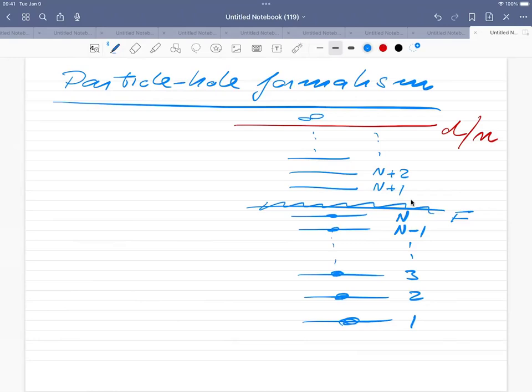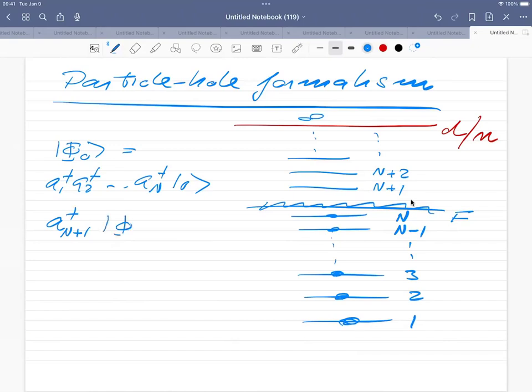Then we would have an ansatz for the ground state, which is typically given by a1 dagger, a2 dagger, up to an a_n dagger, acting on the reference vacuum. And we know that when we act with a creation operator on these states, state n plus 1 is not included.